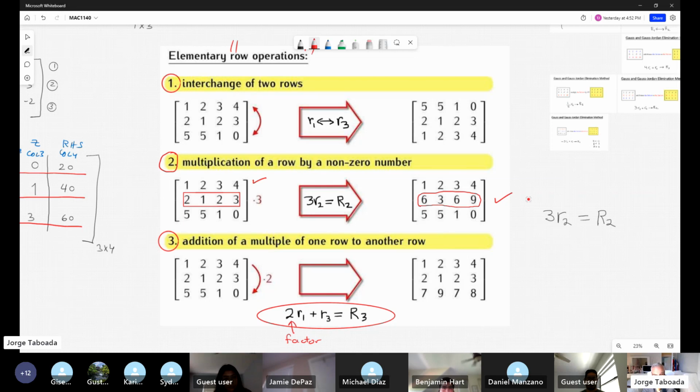These new numbers you store, using an arrow instead of an equal sign, in the new row 3. There is some new notation here. Capital letter R represents the new row, so capital R3 is the new row 3, while lowercase r3 is the old, original, given row. This is a symbolic way to indicate the idea.